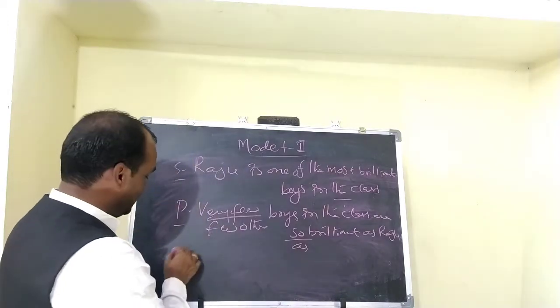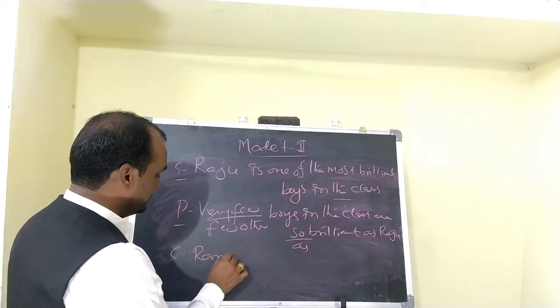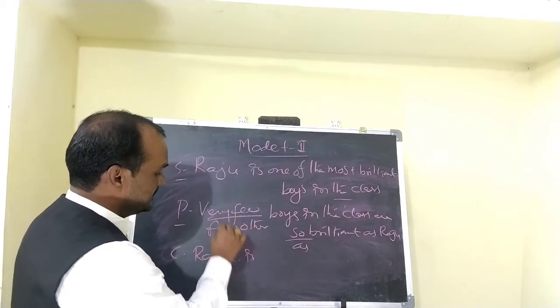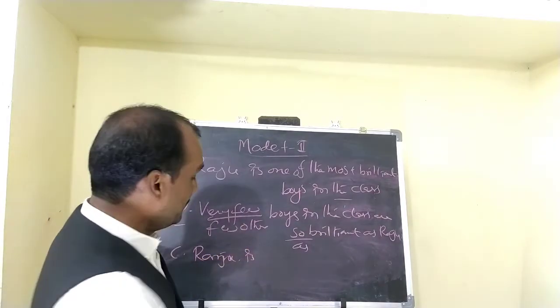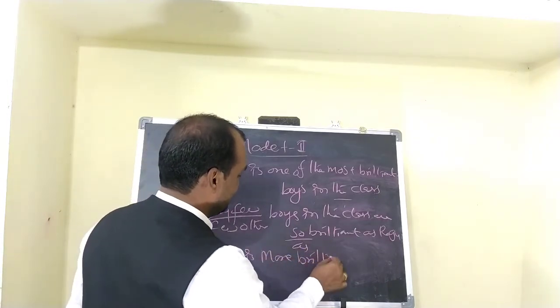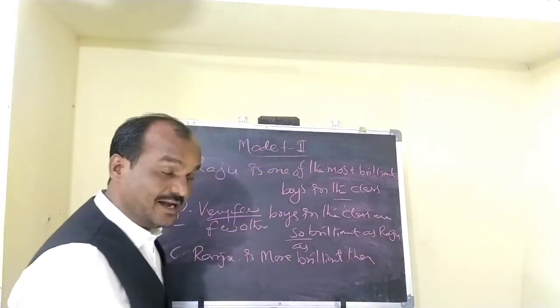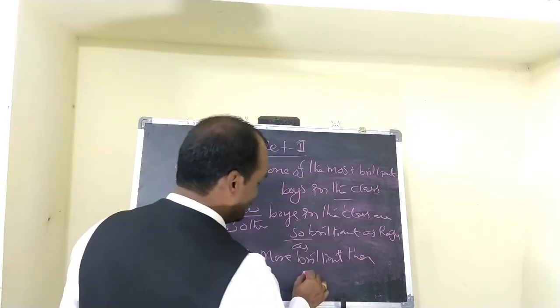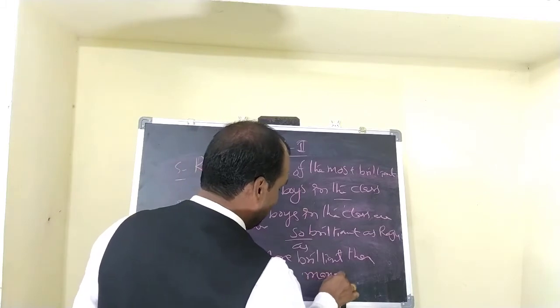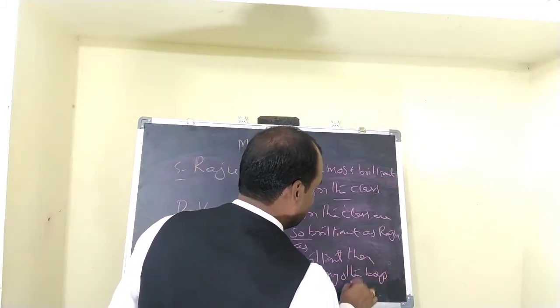That is the positive degree. And the comparative degree: Raju is more brilliant than many other boys in the class. Here "many other" is used. That is model 2.